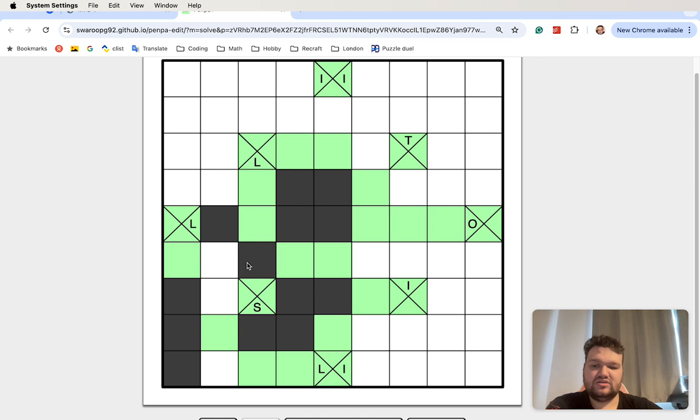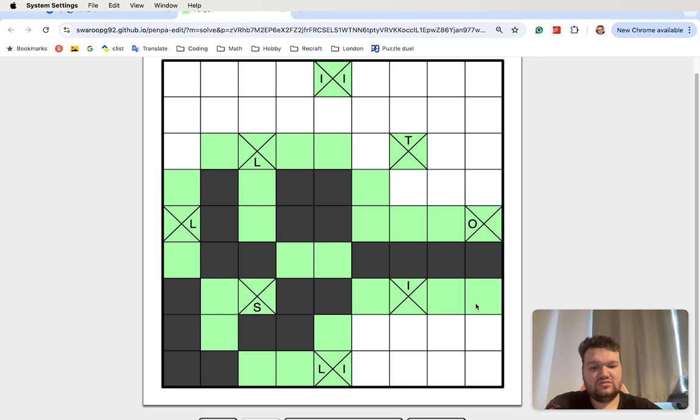So this must be an L, propagates here, and finishing the lower L and the upper L. Great, now I cannot fit I in here, so it must be here. And I should have another I here, and it can only be horizontal. Great, that's a lot of progress.